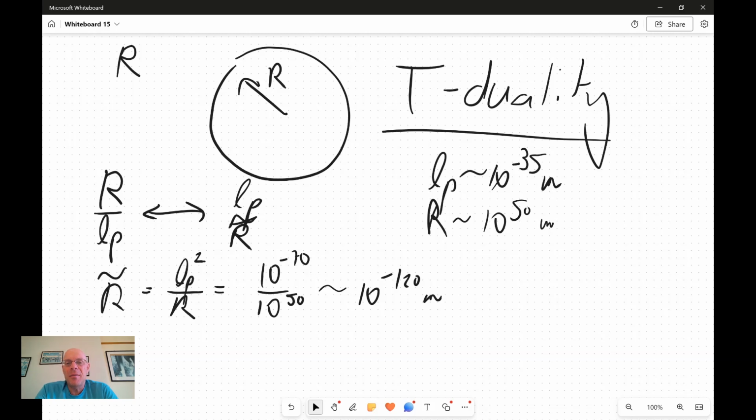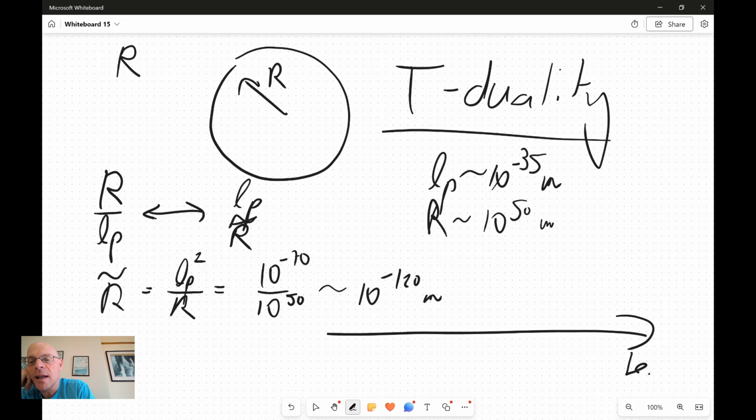So it means that although at the Planck scale, 10 to the minus 35 meters, quantum gravity effects become important, we can have distances much smaller than the Planck scale. And the physics of that radius or this length is again classical. So we have something kind of interesting.